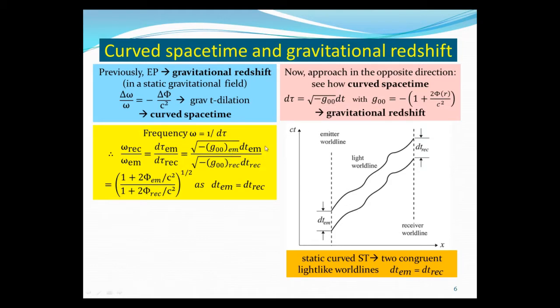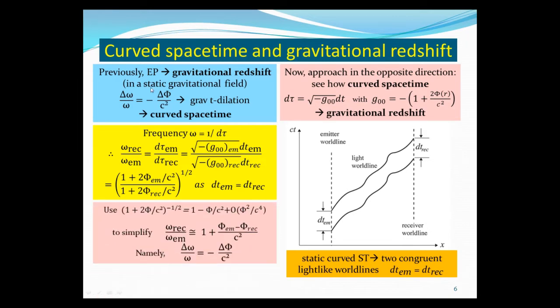We just argued that the coordinate time interval at the emitting point and at the receiving point are the same. Therefore, these two dt factors cancel, and we're left only with the gravitational potential expression on the right-hand side. So this is gravitational redshift: the frequency difference is related to the gravitational potential.